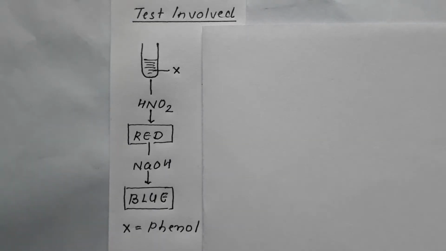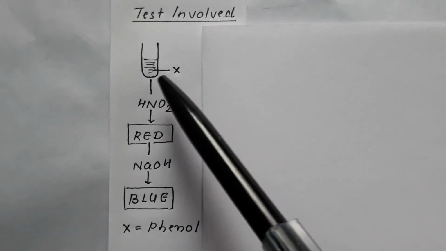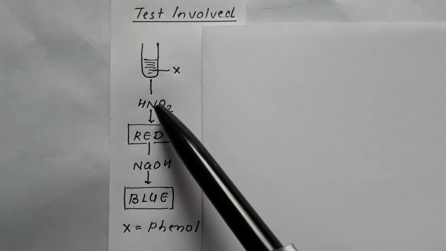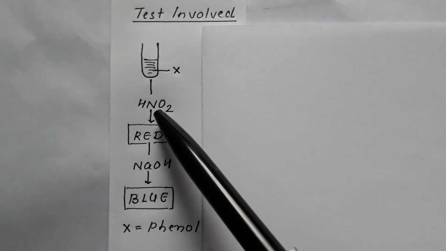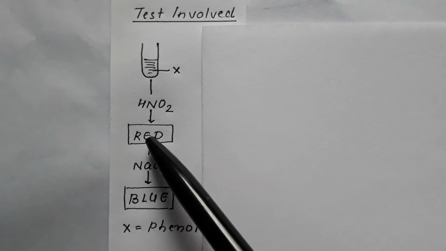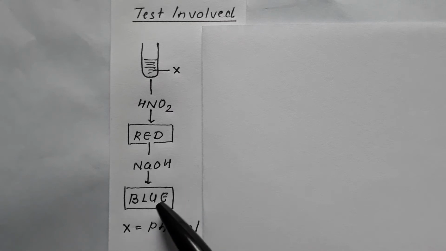Now remember, if we deal with the test involved, the Liebermann nitroso test, what is it? Suppose you have taken any unknown compound X. If into this compound we add HNO2, that is nitrous acid, and it turns red, and into this red we add NaOH and it turns blue, then sure this compound X is phenol, nothing else.